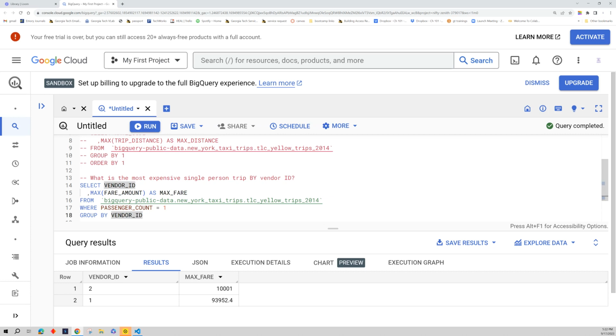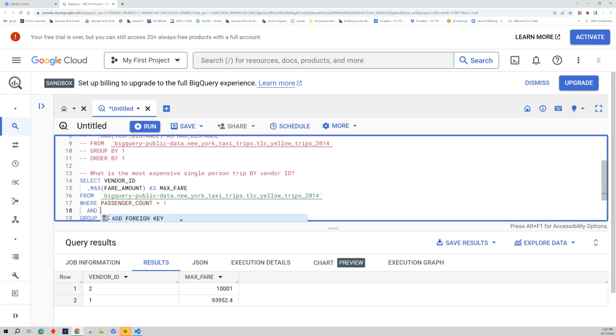So when we're doing this type of analysis, if we really wanted to find the max fare, I would probably add another clause. So I'd say where passenger count equals 1 and fare amount less than some reasonable number. I would think anything more than $1,000 would be a really crazy fare amount.